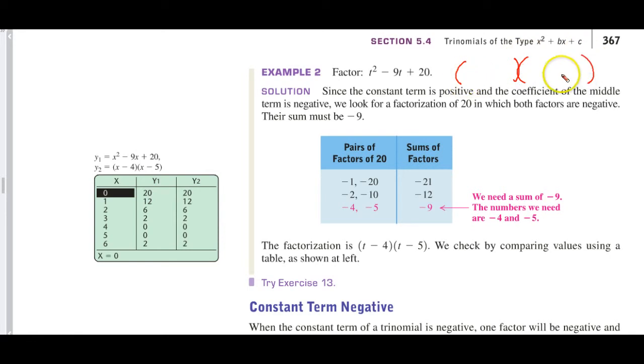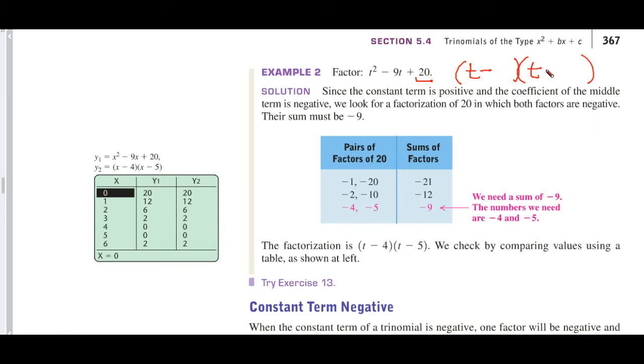Then what we do is we put two sets of parentheses. Now, since our a term over here is 1, and we have a t squared, then the first thing we do is just put a t in both of these positions. Then mentally we start thinking of what are the factors of 20 that will add up to a 9. Happens to be a negative 9.